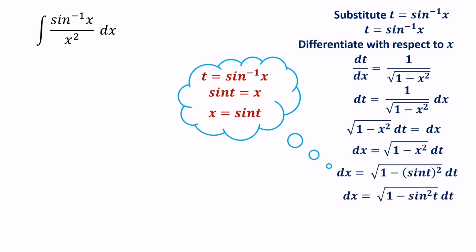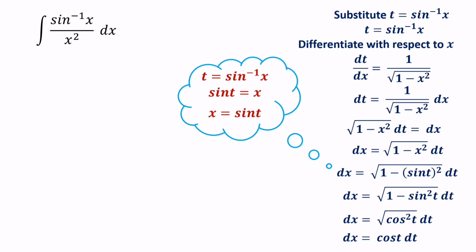According to basic trigonometry equations, 1 minus sin squared t should be equal to cos squared t. So we can write dx as root cos squared t. The root of cos squared t we can write as cos t. So we can write dx as cos t dt.